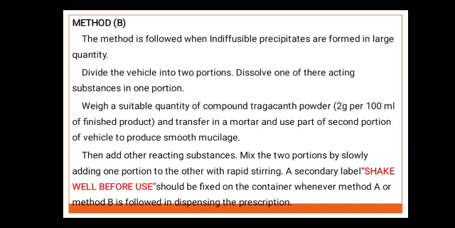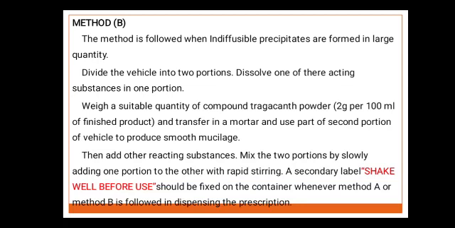Means, the second portion of the vehicle is added into the mortar to form the smooth mucilage of the compound tragacanth powder.